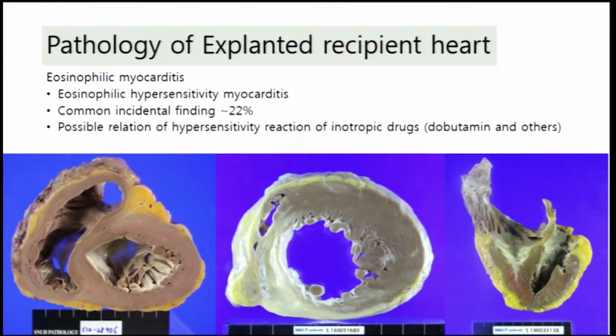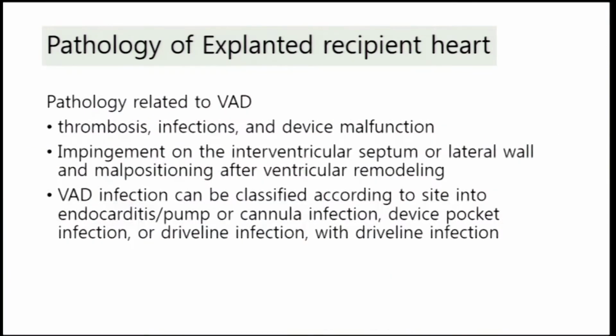There is also an interpretation of a possible relation of a hypersensitivity reaction to some inotropic drug before the final transplantation. That can be the reason we see eosinophilic myocarditis, not as the original cause of the heart failure, but as a process after the heart had failed. And pathology related to VAD is also important when the patient received VAD treatment before the transplantation.